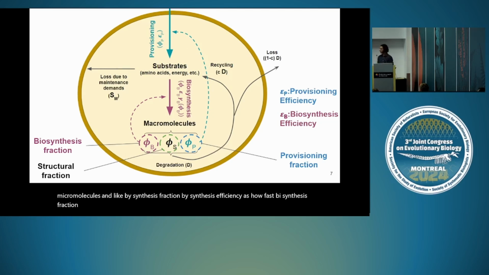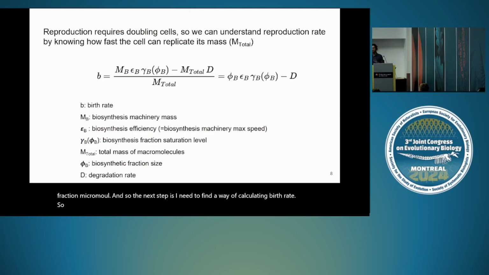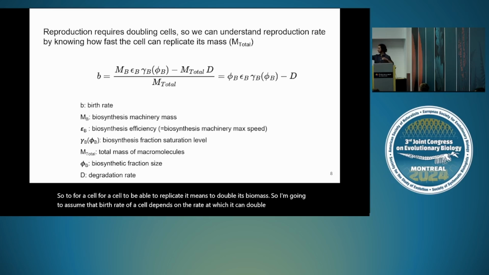The next step is I need to find a way of calculating burst rate. For a cell to be able to replicate, it needs to double its biomass. So I'm going to assume that the burst rate of a cell depends on the rate at which it can double its biomass, which is basically the rate of biomass production minus biomass degradation divided by the biomass of the cell. And that equals this thing on the right, which I explained.